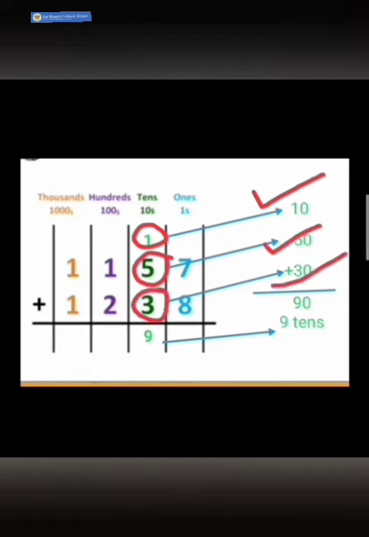So now on adding 10, 50 and 30, we get a 90 here. 90 is called as 9 tens. So 9 will be written in the tens column. Remember, double digits have two places, ones and tens. So in 90, 9 is the tens number.